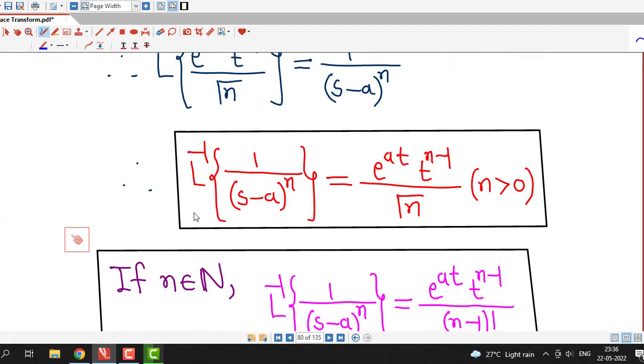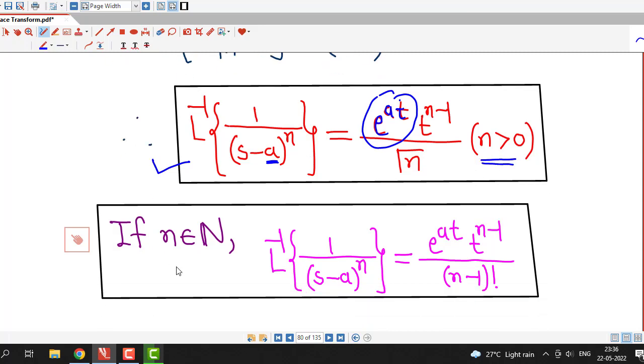So I have written here: inverse Laplace transform of 1 divided by s minus a raised to n equals e raised to at times t raised to n minus 1 divided by gamma n. Whatever constant is subtracted from s, that we consider in the exponential function e raised to at, and the condition on n is that n must be a positive real number.